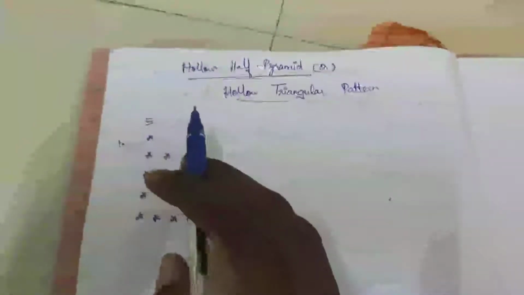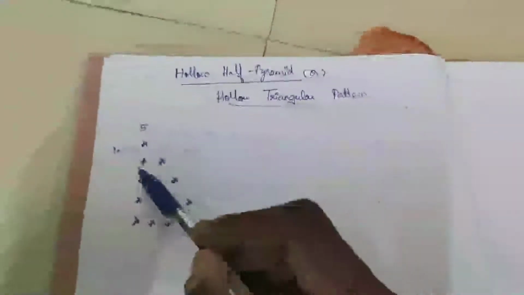So let us compare with the older version. In this picture I can find 5 rows when I give an input of 5. Just listen to the condition.